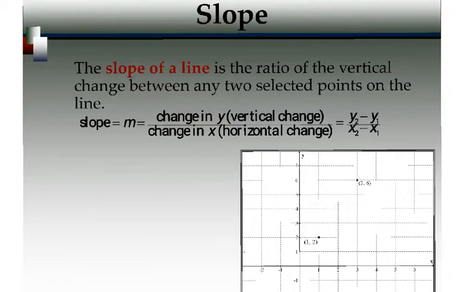So you go up and then to the right for your slope. Another way of looking at it is the change in y over the change in x. Change in means the two y values that you know in your points, subtracted, over the two x values, subtracted.